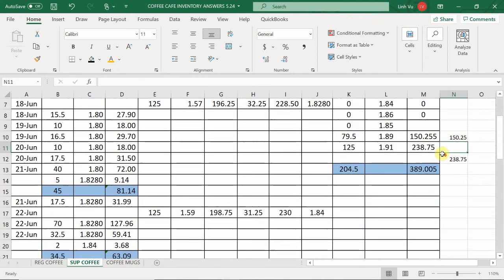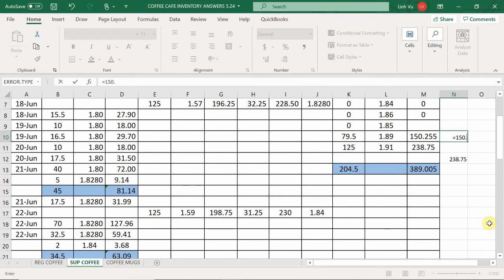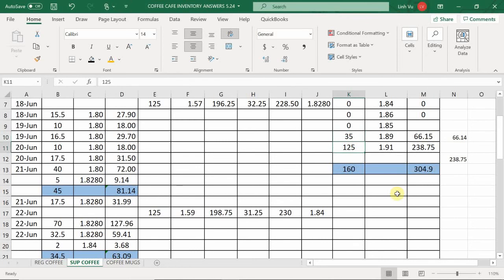Now, if we take that 84.11, so 150.25 minus 84.11, that's going to give us 66.14. Where if we do it like this, it is telling me it is 66 and 15 cents. Let me see if I can pull it out.